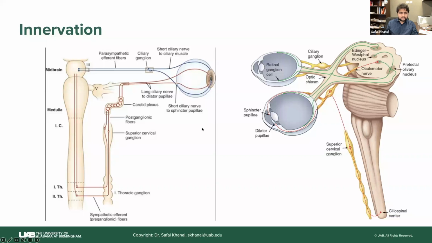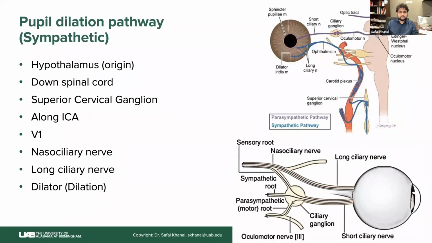Let's look at this in a little bit more detail here. The pathway for the sympathetic, or pupil dilation pathway, is hypothalamus, and then down to the spinal cord, and then the superior cervical ganglion. Then it travels along the internal carotid artery, along with the V1 ophthalmic, and then your nasociliary nerve, long ciliary nerve, and then finally the dilator muscle.